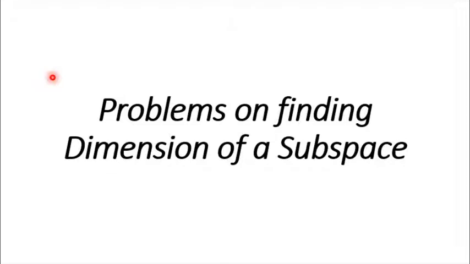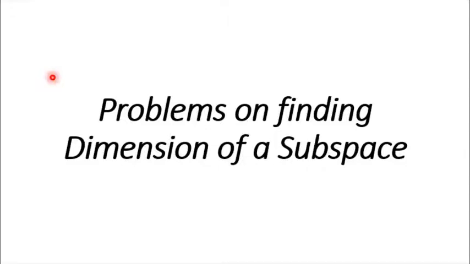P1 dimension is 2, P3 dimension is 4. There is nothing you have to find out for the dimension of a vector space. So we only have to find the dimension of subspaces, because all subspaces need not have the same dimension as the vector space. So first we'll work out the problems on finding the dimension of a subspace.